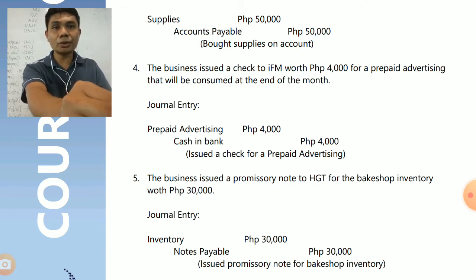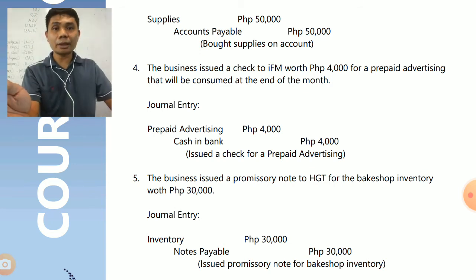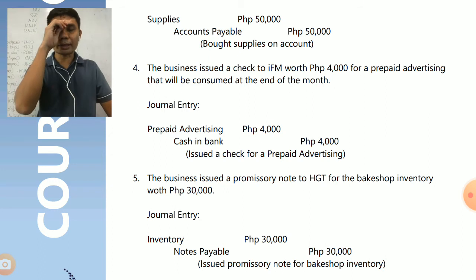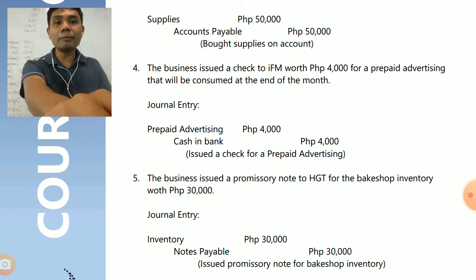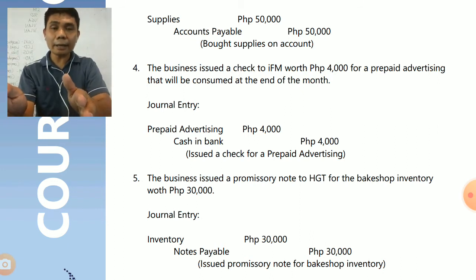The business issued a check. Kung check, sama sa transaction ganina, ang maapektuhan is the cash in bank. Kay ang cheque, diretso mo-deduct sa imong cash in bank. That is why you credit cash in bank. Asset man ni si cash in bank, normally, increase, debit unta.